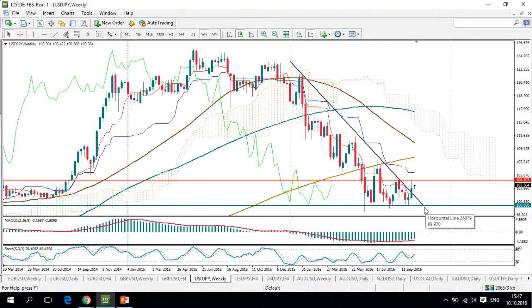For now, we can see some more sideways trading between 104 and 100 mark. Here we have a kind of corridor.